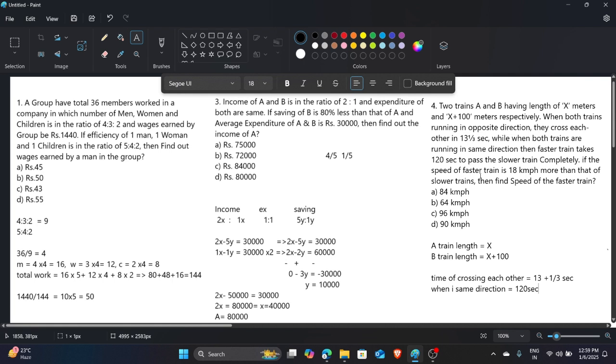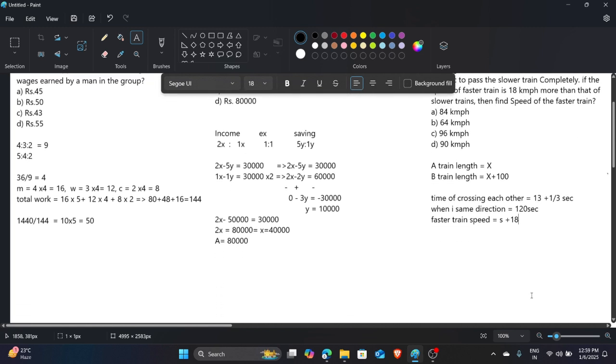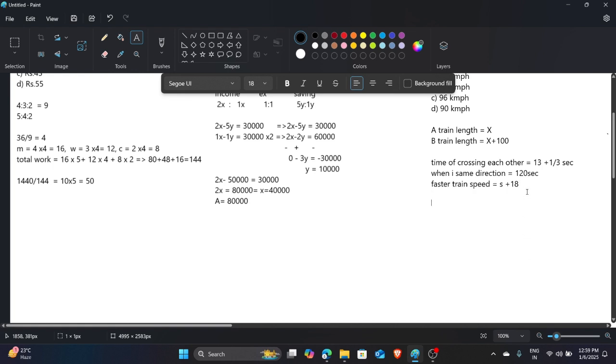If the speed of the faster train is 18 km/h more than that of the slower train, the faster train speed is s plus 18. It means s is the speed of the slower train. Then find the speed of the faster train. They are asking me that. Okay, no problem. It is too easy.